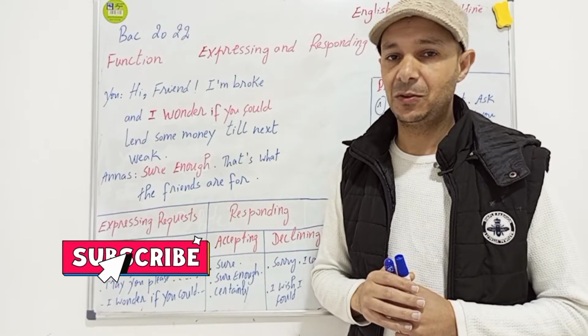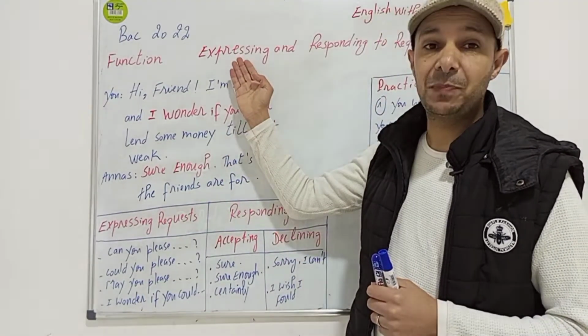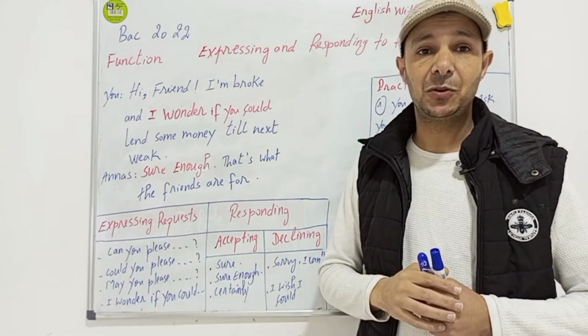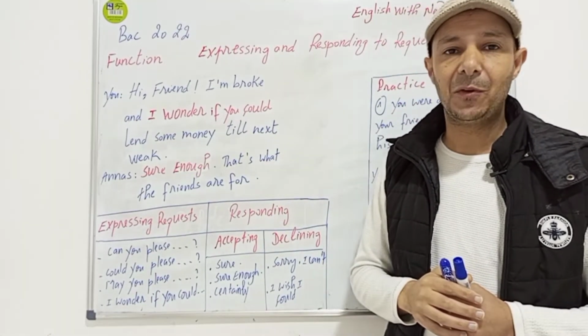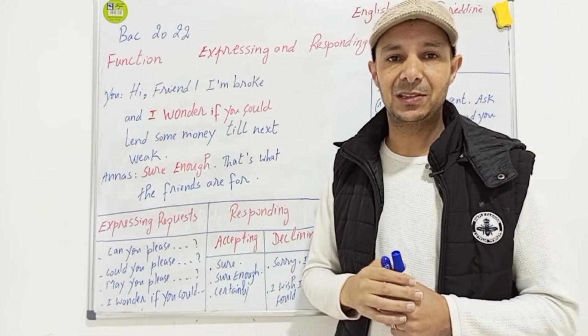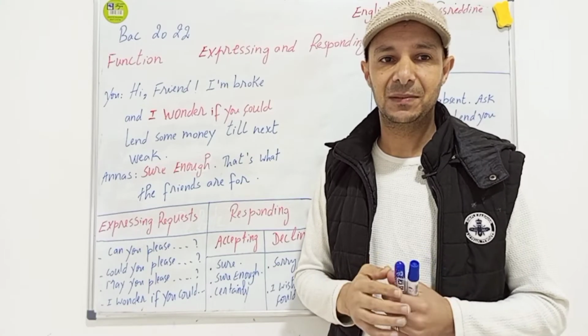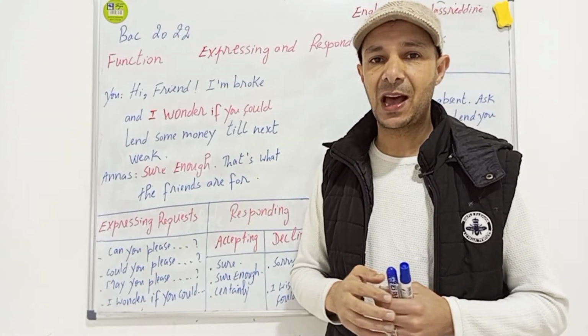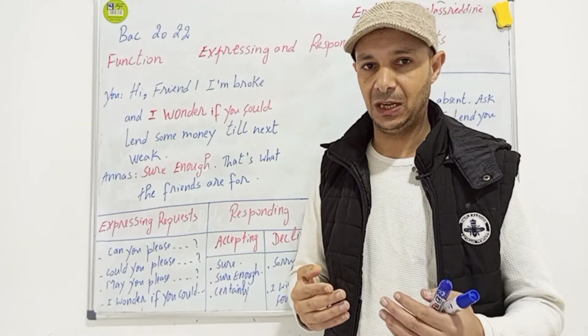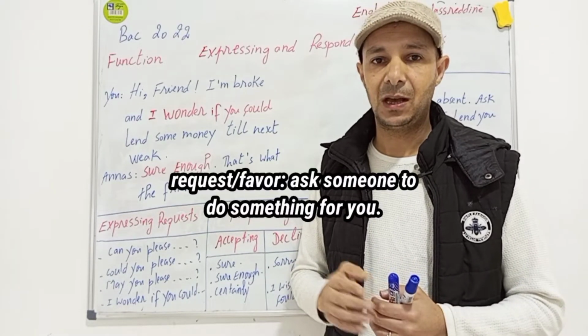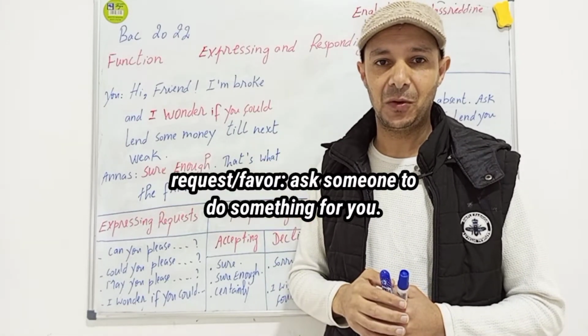So our lesson today is going to be how to express and respond to requests. Before we get started with our lesson, let's define what a request is. A request is when I ask you to do something for me. For example, I may ask you to open the window.